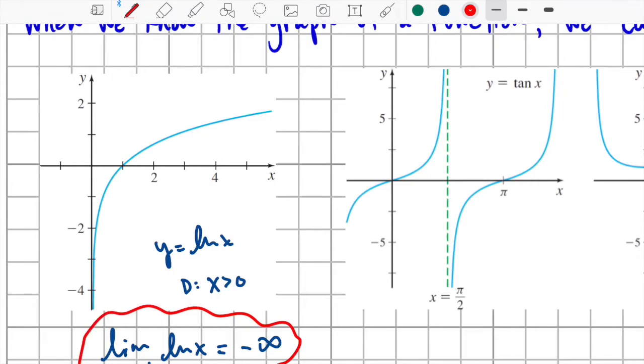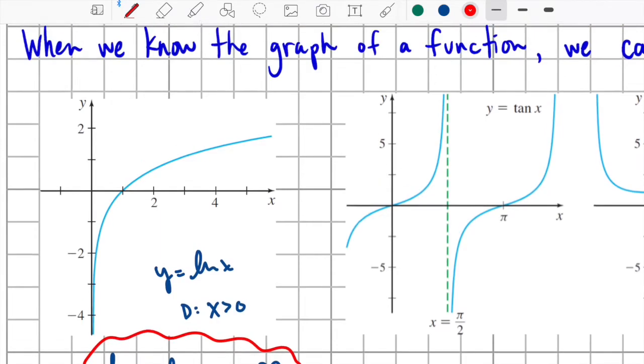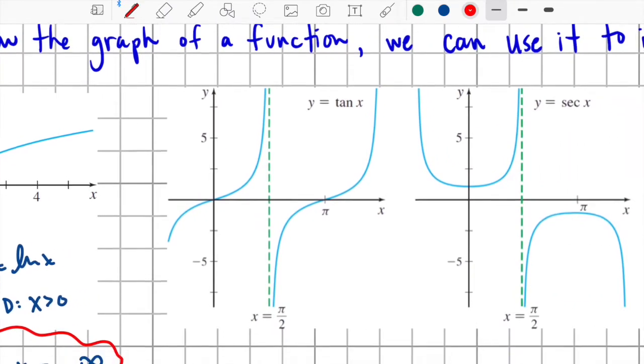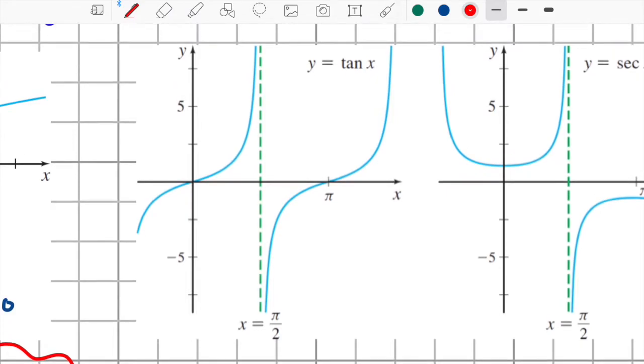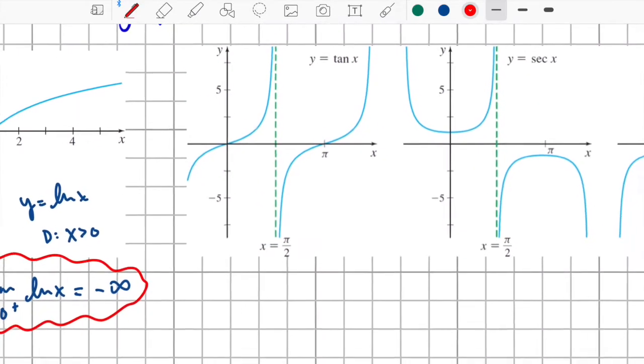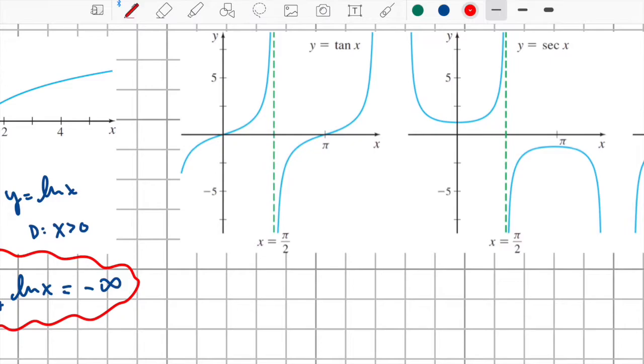It'll come up again. Okay, so now we have tangent. If I want to find the limit as x approaches c, in this situation c is pi over 2.